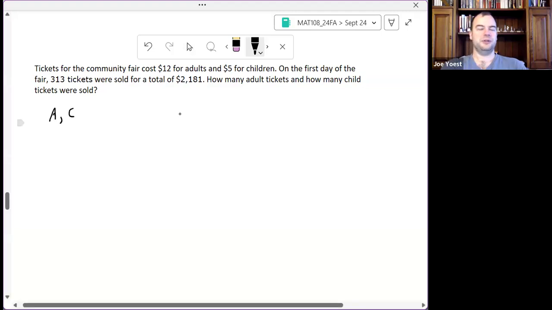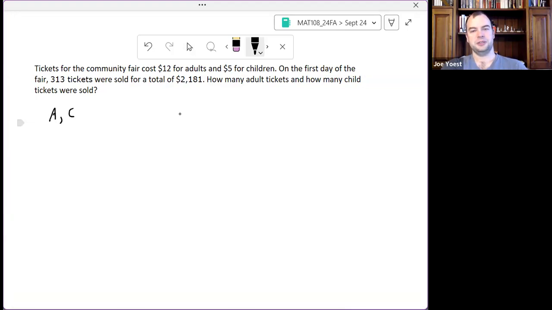So let's set up our two variables: A for the number of adult tickets sold, C for the number of child tickets sold. And what do we know? We know the total number of tickets sold was 313, so A plus C is 313. We also know the total revenue, $2,181.